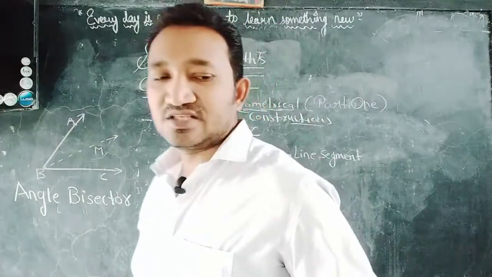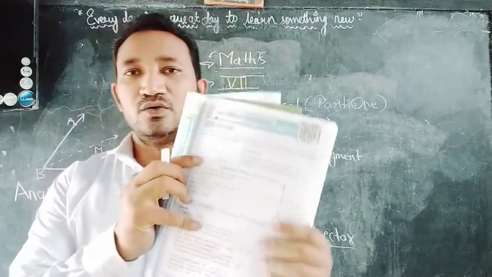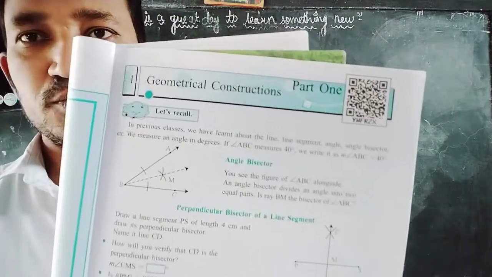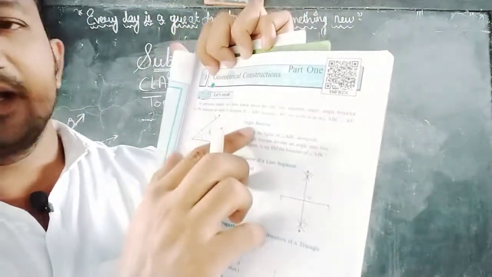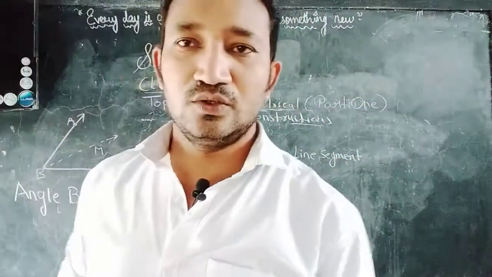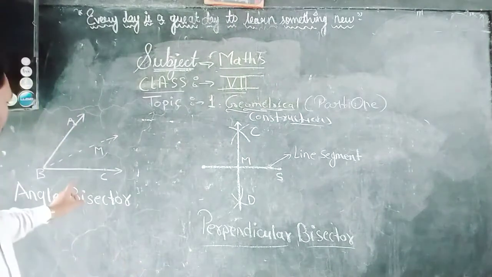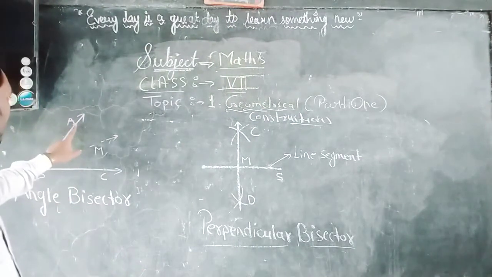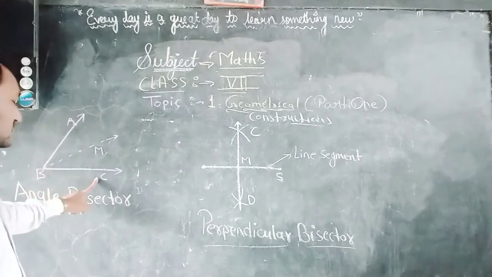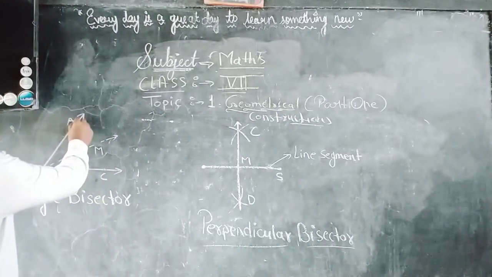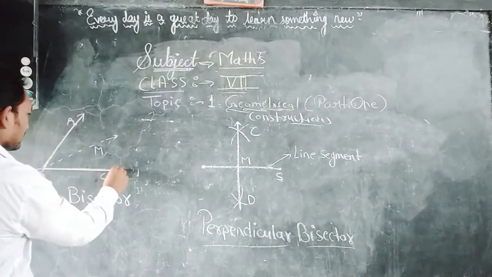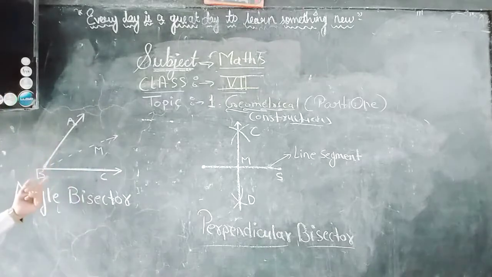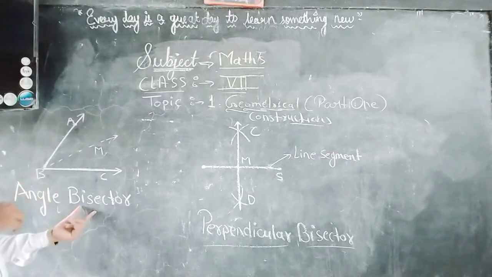In your textbook, geometrical constructions, the first topic given is angle bisector. Look here on the board. This is angle ABC. What is an angle bisector?